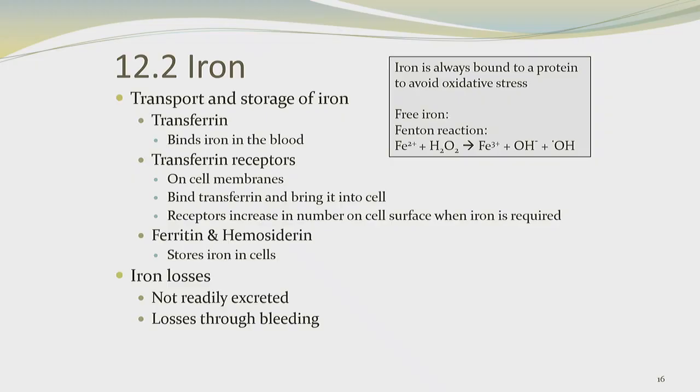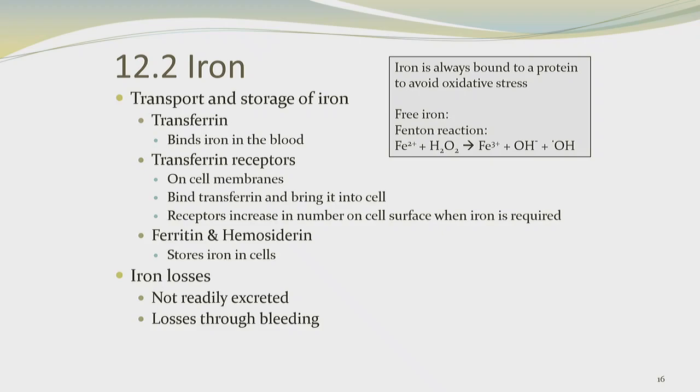One important thing to remember here is that you have an increase in expression of these receptors. So transferrin receptors increase in number when the cell needs more iron. Just wanted to repeat that. You have an increase in how many transferrin receptors are available when the body or the cell needs more iron.